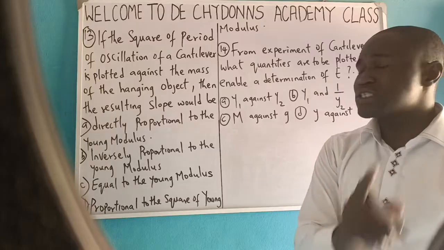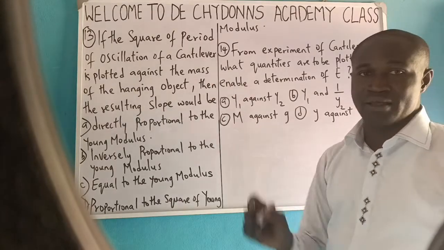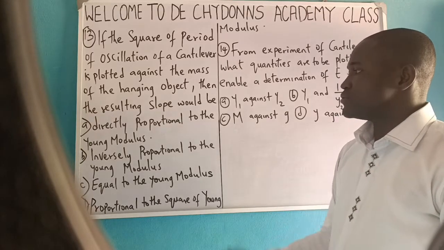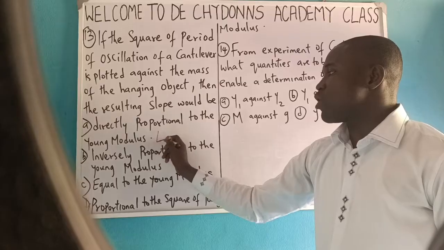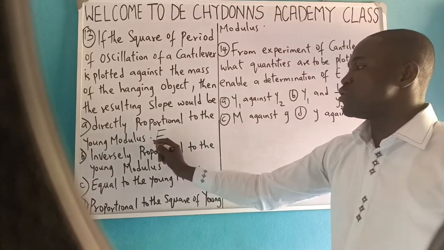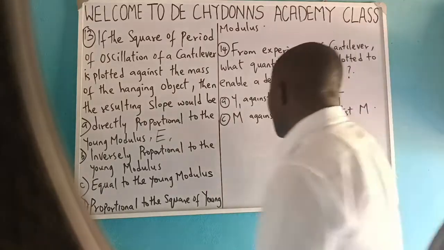First of all, ask yourself, what experiment are we talking about? An experiment on the cantilever. The Young modulus has a symbol, capital E. Anytime you see it in physics, that is the symbol of the Young modulus.